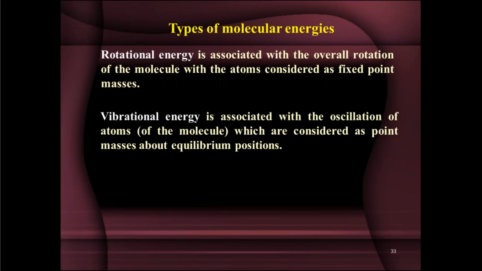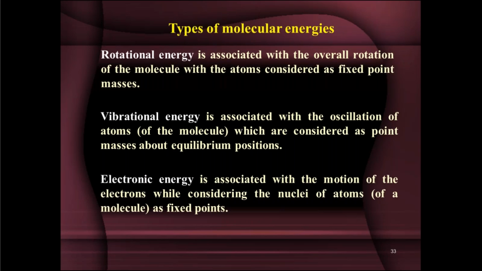So they are point masses and they can oscillate about their equilibrium positions. That is, they can move, say, to the left and then to the right, so they can vibrate. And the energy associated with this oscillation of atoms in a molecule is called vibrational energy. Vibrational energy, of course, is greater than the rotational energy.